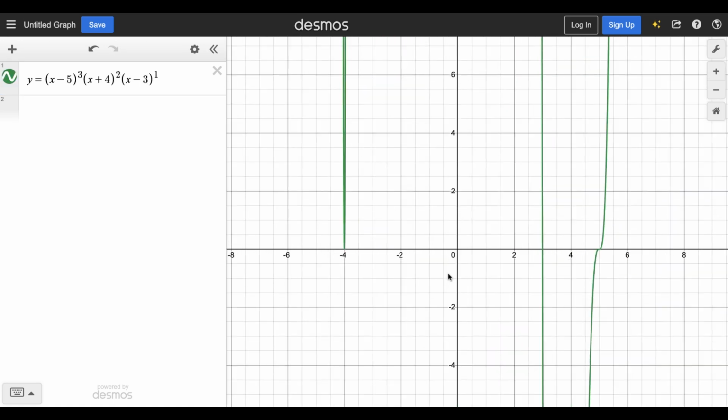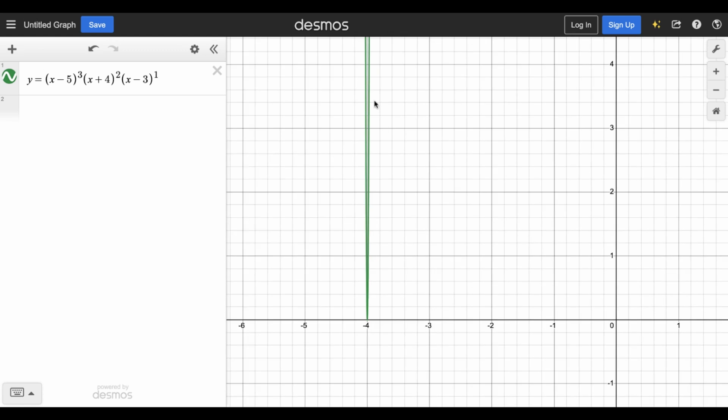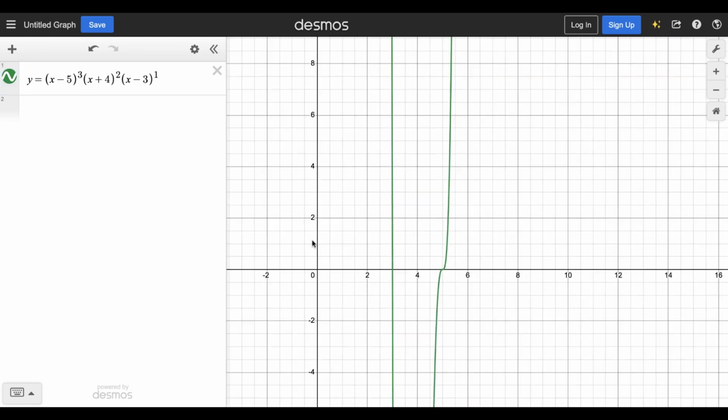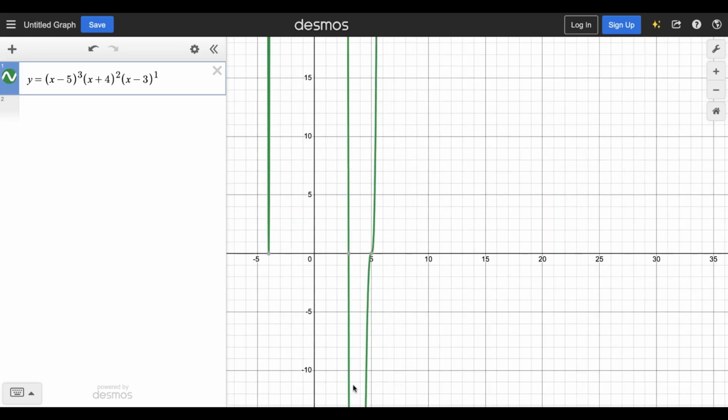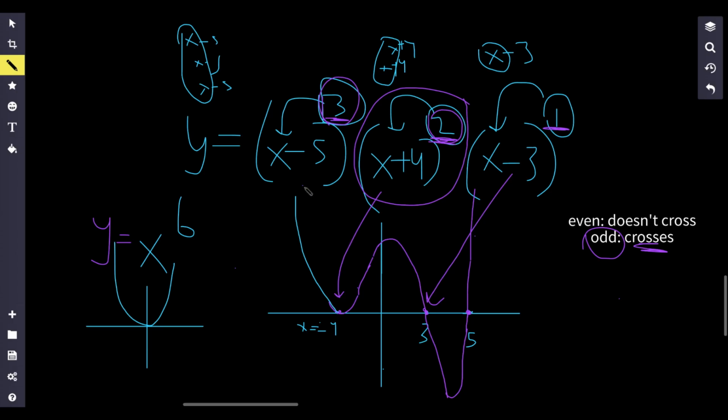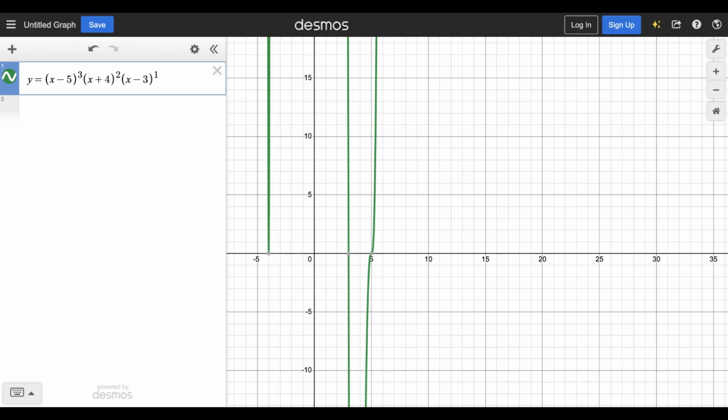Once again, it has this W shape, right? It goes down, and then it goes back up, and then it goes down again, crosses the x-axis, and then finally crosses the x-axis again. That's exactly what we have here. It goes down, then it stays up top, then it goes down again, and then goes back up again. Exactly what we have here.